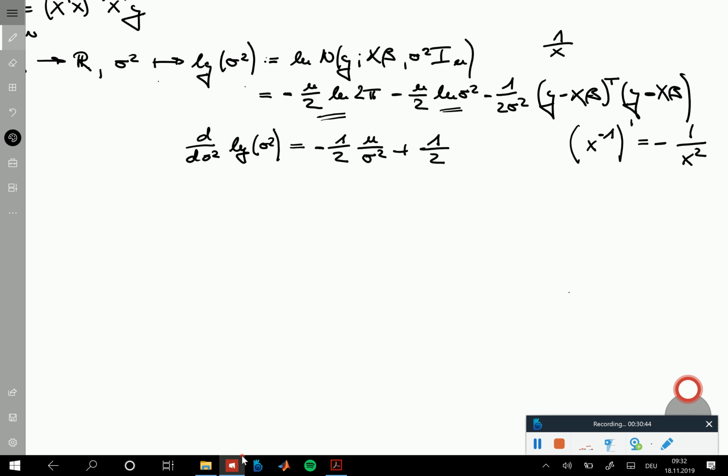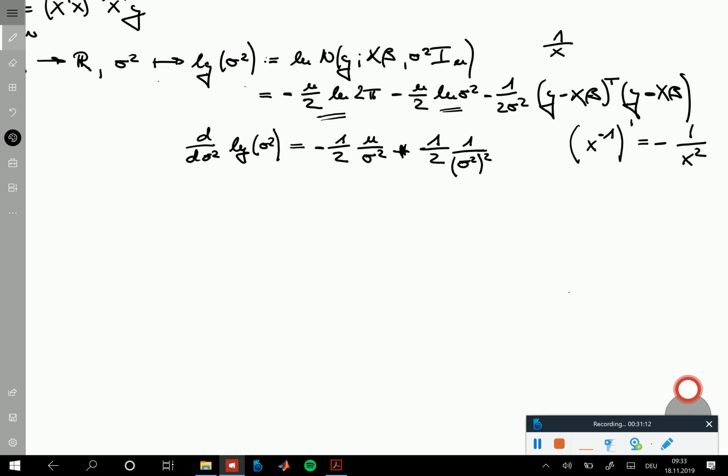Because I already put that here, this is why we have the plus here, and then we get 1 over sigma square. You need to understand that sigma square here is a symbol. You could also put a rho or something for sigma square, and then you would have 1 over rho square.